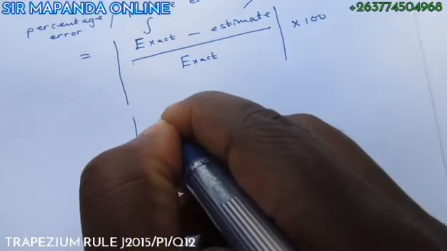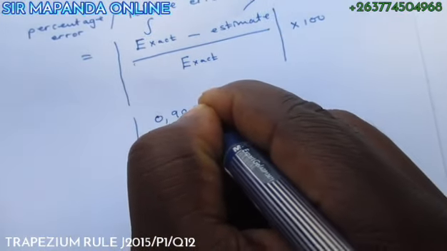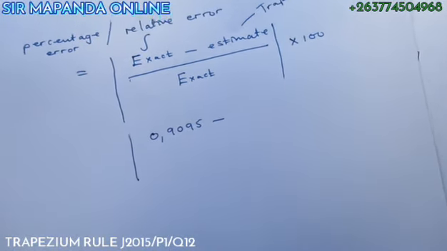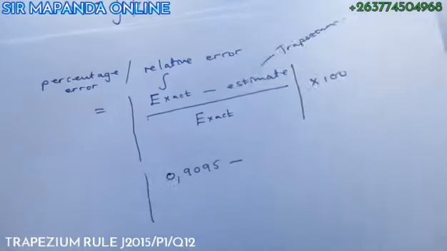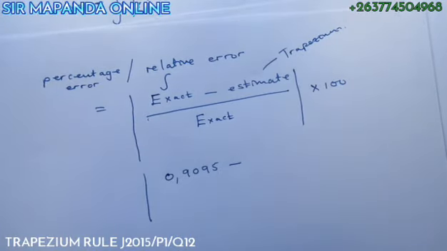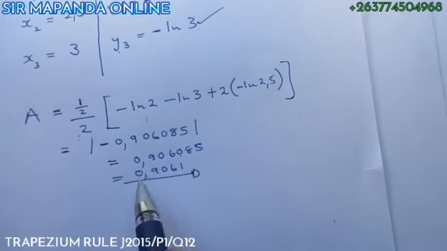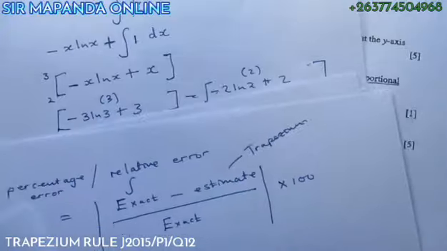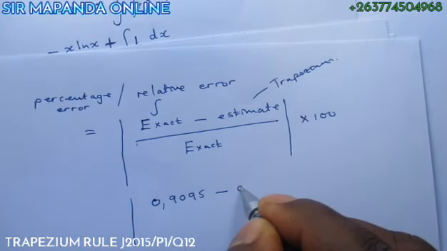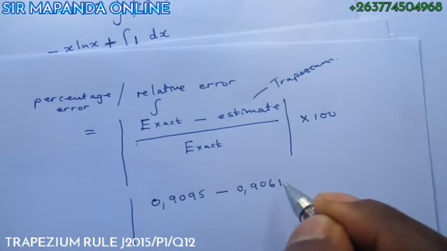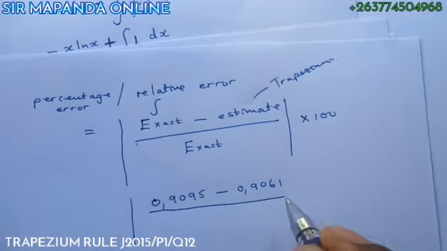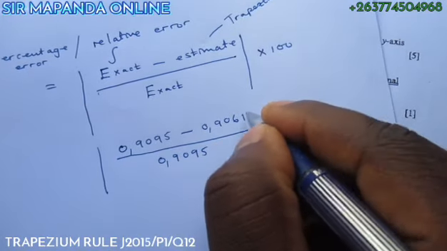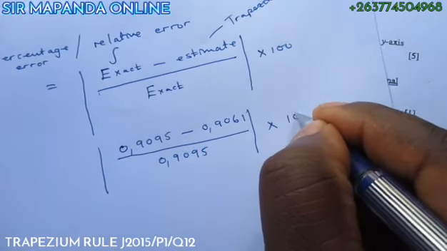So I'm going to write 0.9095 on exact. Then the estimate is the answer derived from the trapezium rule. From the trapezium rule, what you got? 0.9061. So I'm going to put 0.9061. Then you divide by the exact, which is 0.9095, so that you multiply by 100.